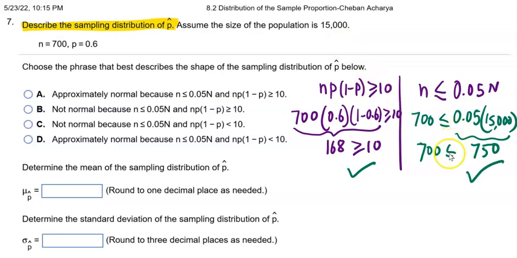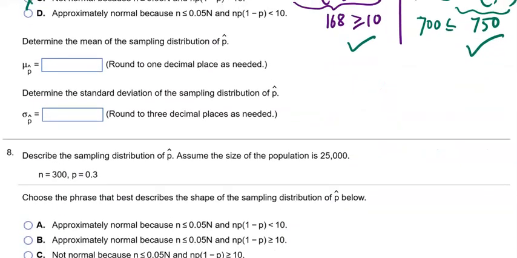Both criteria are satisfied, so we can say the sampling distribution of the sample proportion is approximately normal. You ignore the not normal option. So I think part A is the answer: approximately normal because n is less than 0.05 of N, and np(1 minus p) is greater than or equal to 10.